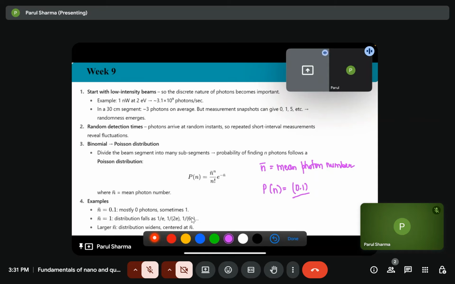And if n bar is equal to 1, mostly zero photons and sometimes it's 1.